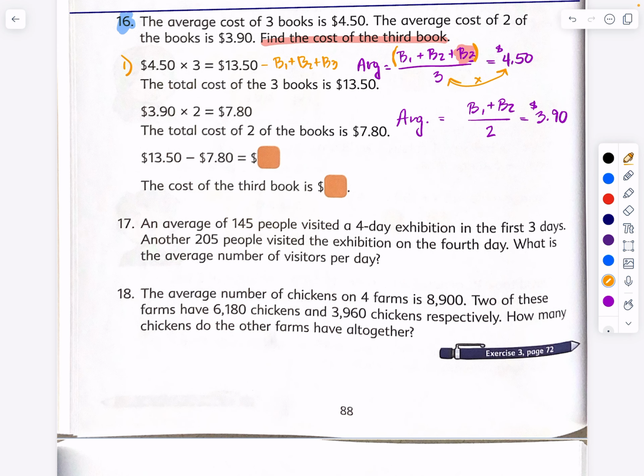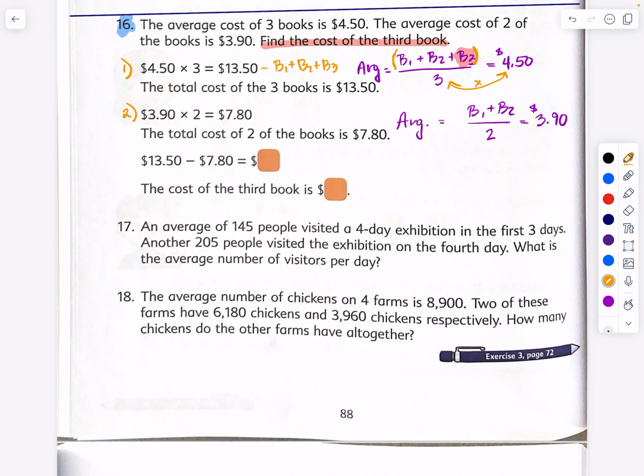Step 2. Similarly, we can find the total cost of 2 books, book 1 and book 2. We just have to multiply 390 times 2, and 390 times 2 is 780. Now we know that book 1 and book 2 add up to 780.